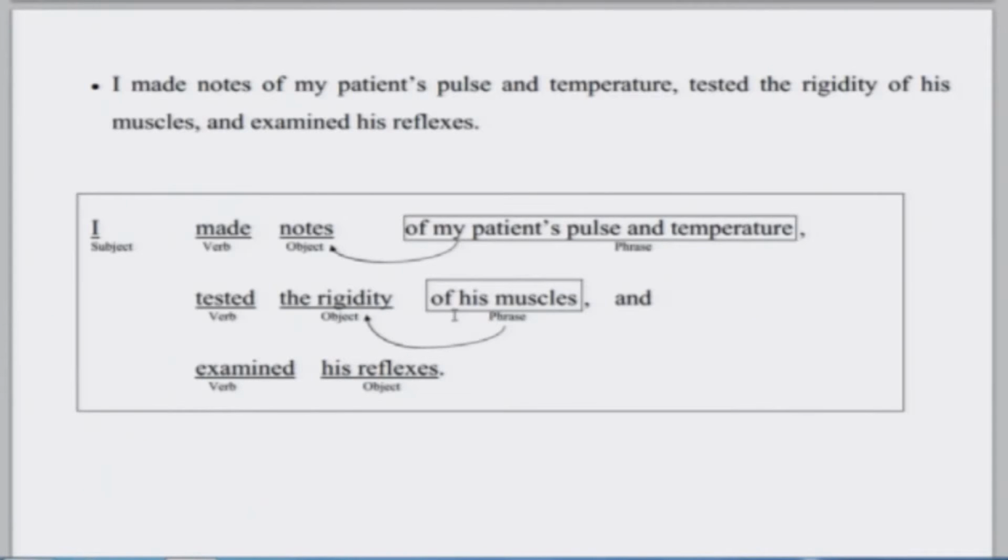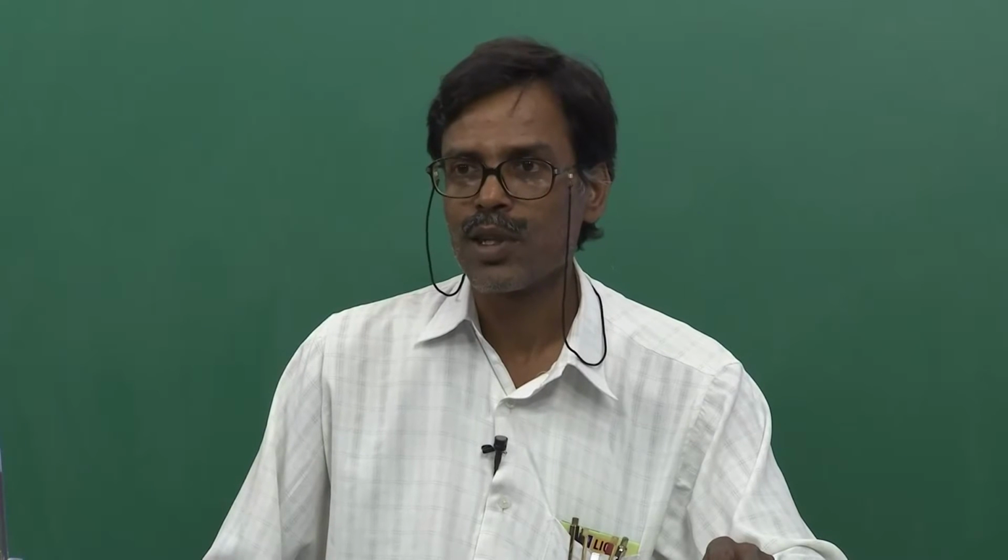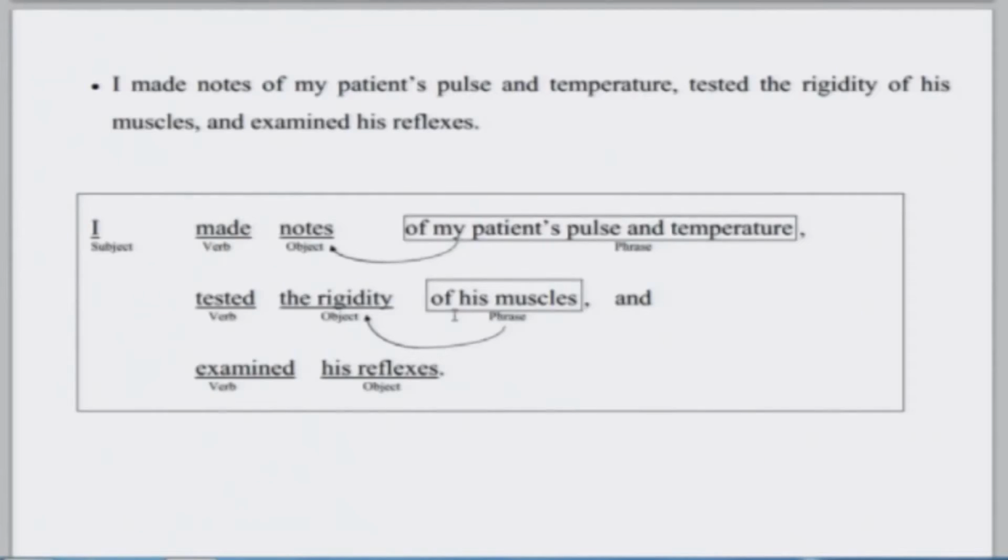None of the clauses is dependent on the other in the sense of an adjective or adverb or object or the subject or something like that. Each of the clauses is equally prominent compared to others. So, I did three things: made notes, tested the rigidity, examined his reflexes.